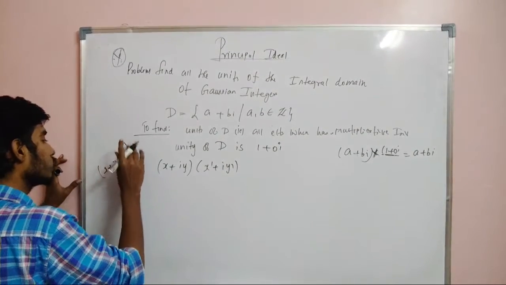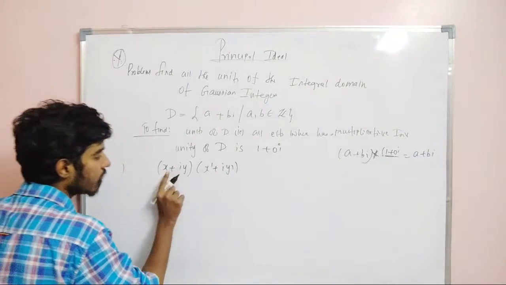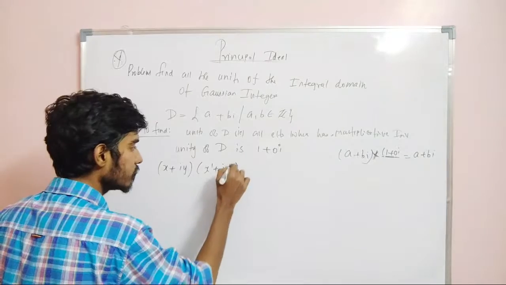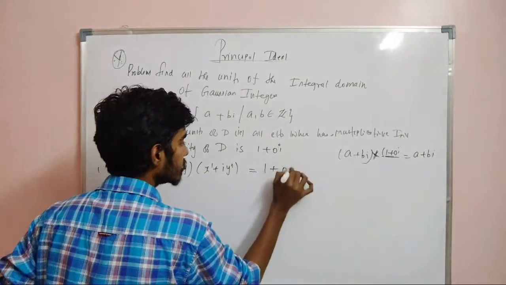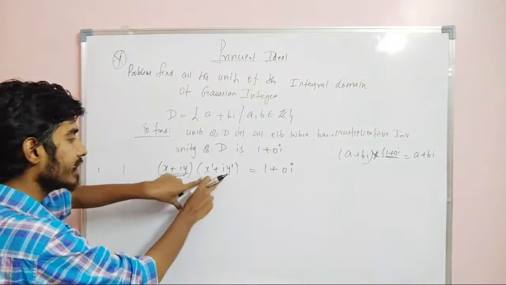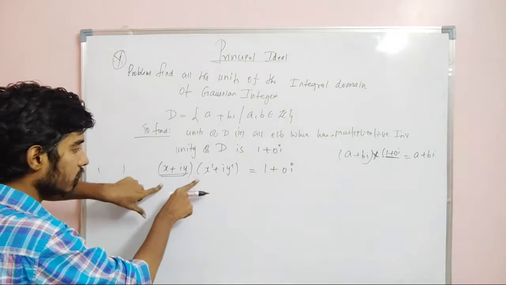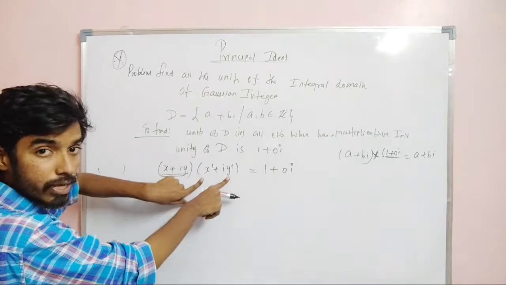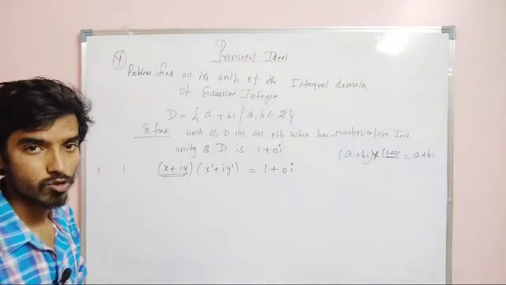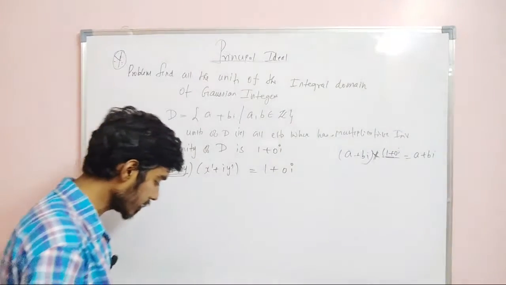Just for notation, let us say the inverse of x plus iy is x dash plus iy dash, and we need to get 1 plus 0i as the answer. So we are collecting all those x plus iy for which we can find some other x dash plus iy dash such that the product gives 1.